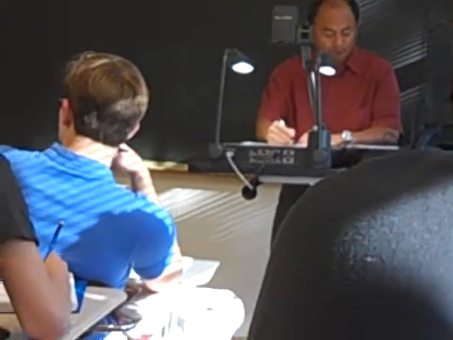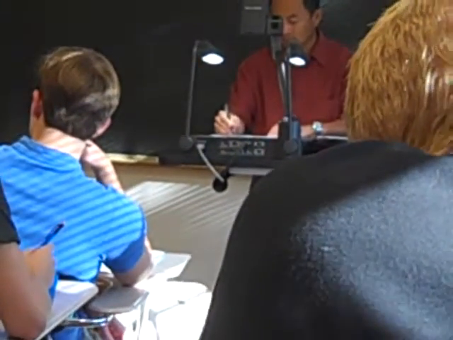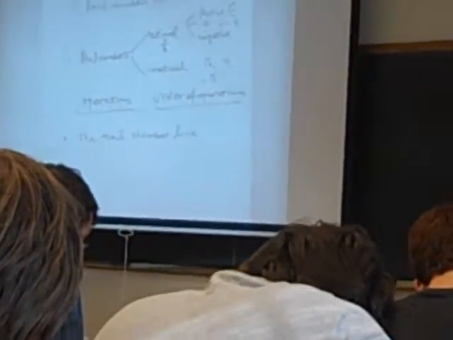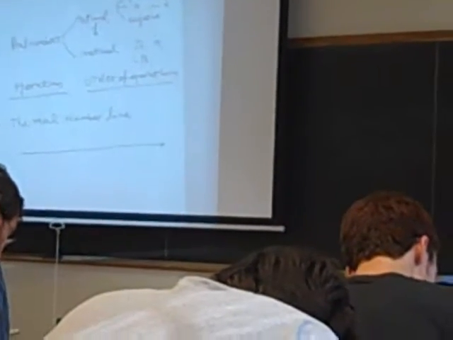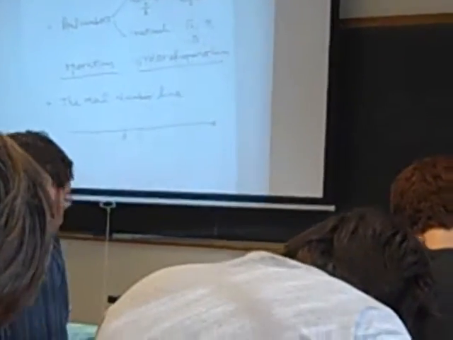That's the second topic. I want to talk a little bit about the real number line. It's a line with one direction specified, usually to the right, and a point that represents 0. That's called the origin. Then you need to specify the unit length.